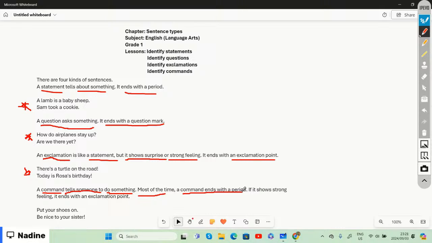Most times a command ends with a period, but if the command shows strong feelings, then it ends with an exclamation point.